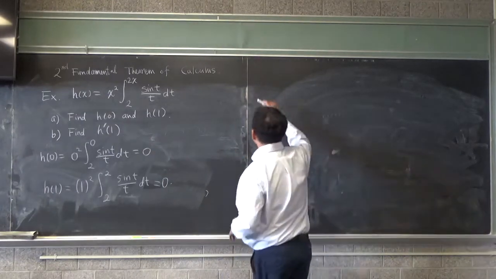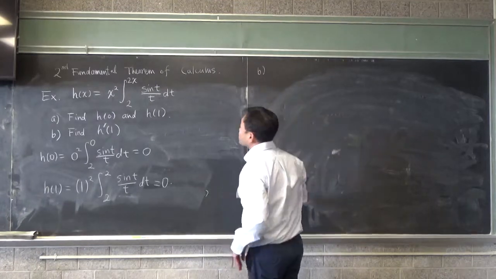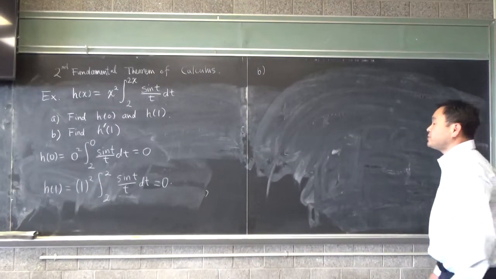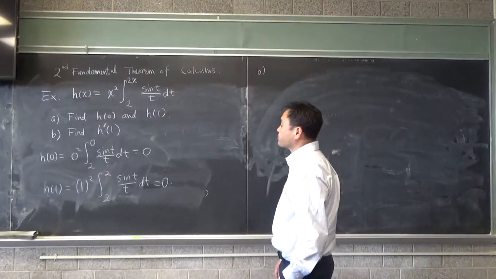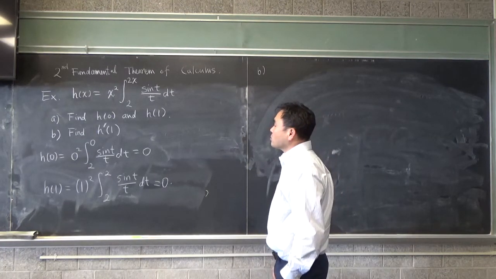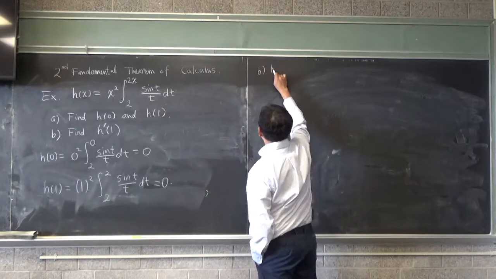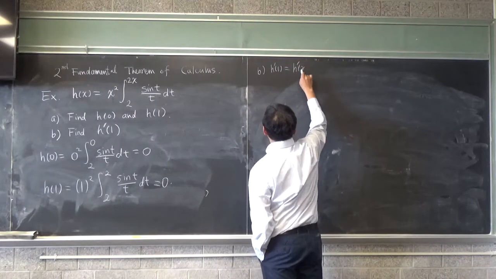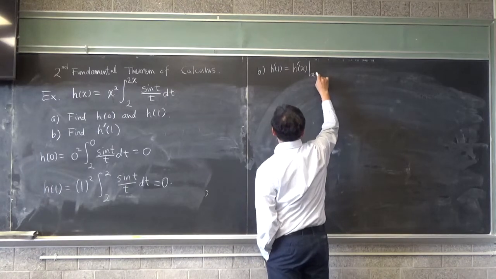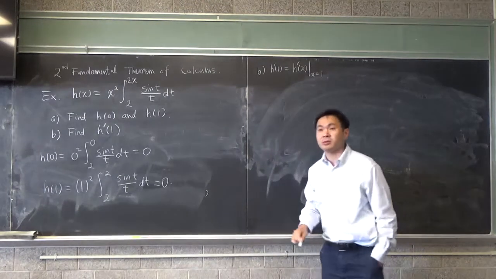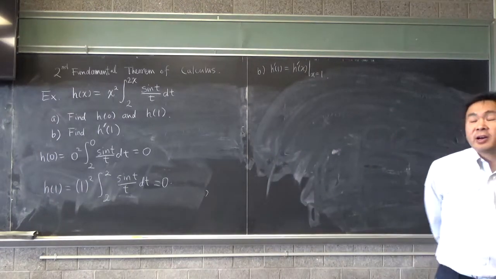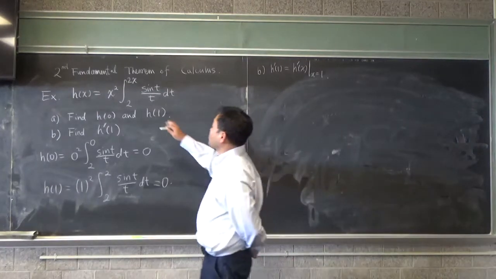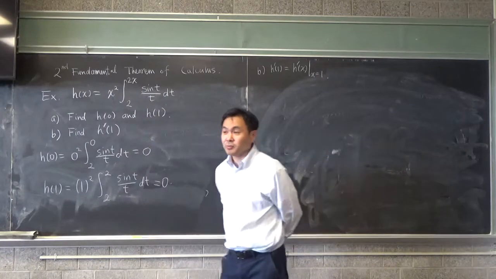All right, let's now move on to B. Find h prime of 1. So h prime of 1 means you have to find h prime of x, and then you have to plug in 1. That's what it means. So you need to find h prime of x when the function is defined as an integral.